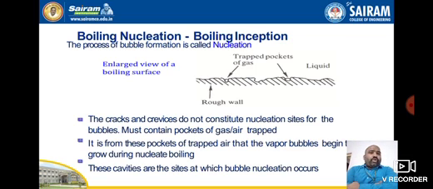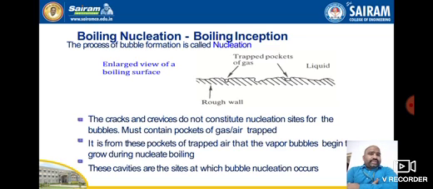Next is boiling nucleation, or boiling inception. The process of bubble formation we call nucleation. On the surface, there are trapped pockets of gases between the surface and the vapor, and the rough wall is shown below the water surface.